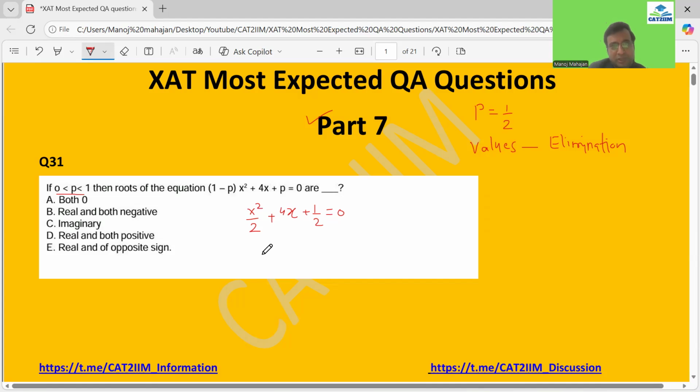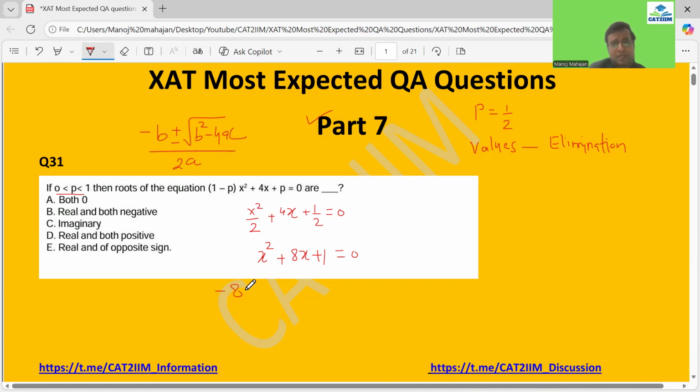So if you look further, can you write over here as x square plus 8x plus 1. Now we can get the roots easily using minus b plus minus root b square minus 4ac by 2a. So what are the roots? Let's calculate.